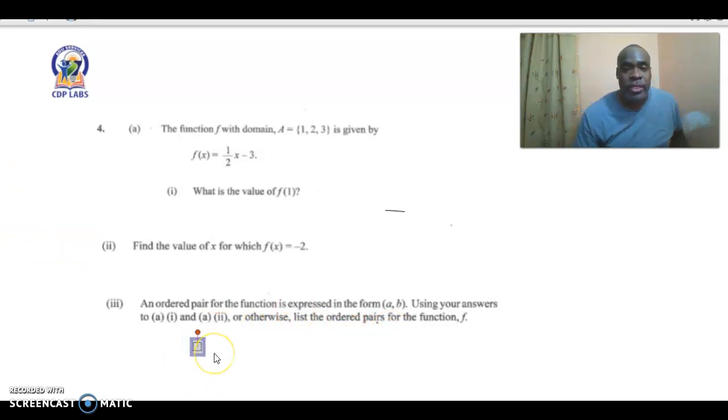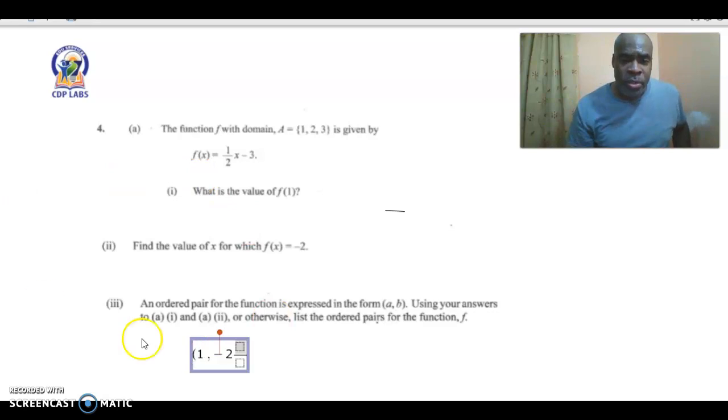In part 1 the x value was given, so we can write down 1 for the x value. We were asked to find the value of f of 1, which would be the y value, and that was negative 2.5. Some persons may want to write negative 2 and a half, same answer.